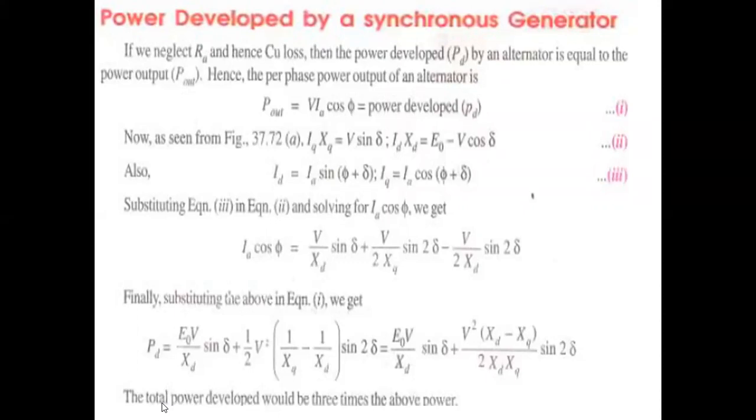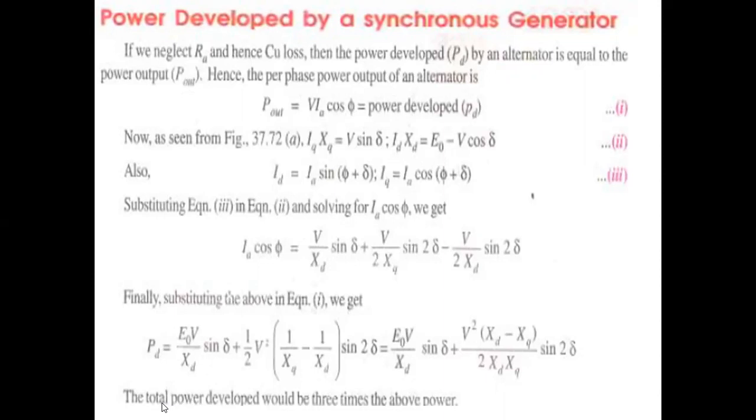So per phase power output of an alternator is V Ia cos phi, voltage into current into power factor, that is equal to the power developed Pd.